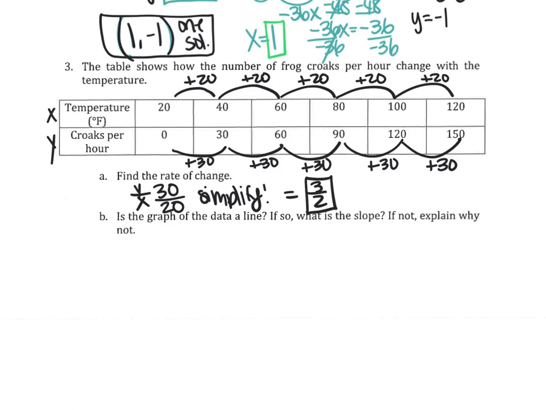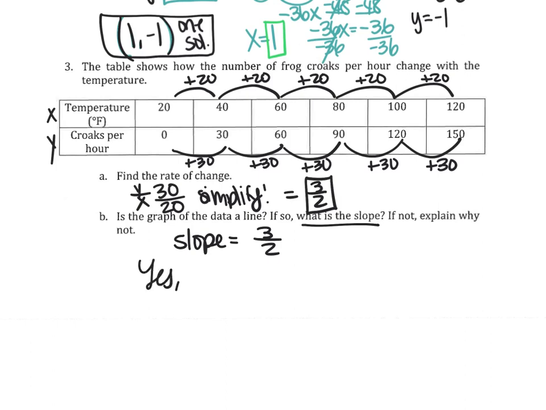Okay, B, is the graph of the data a line? If so, what is the slope? If not, explain why not. Okay, well, rate of change and slope are the same. So the slope is 3 over 2. It would form a straight line.